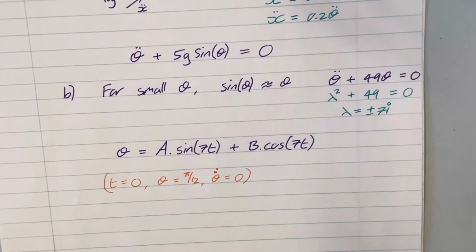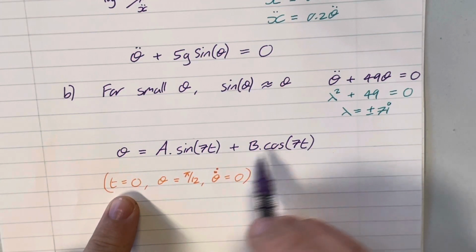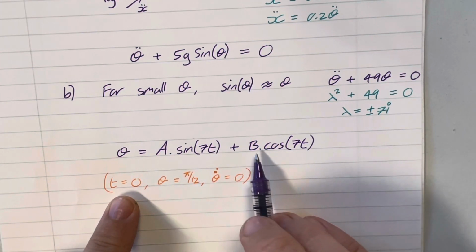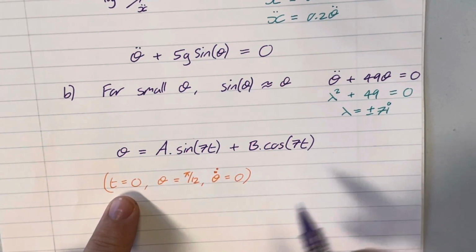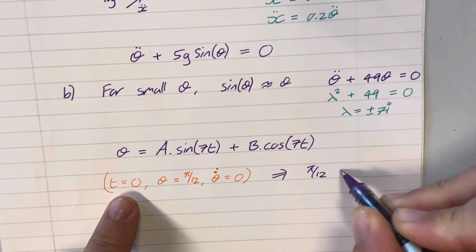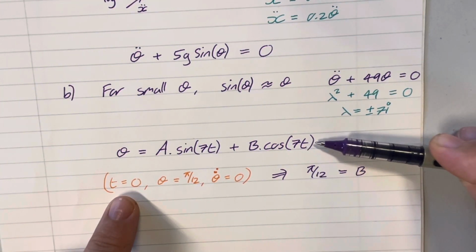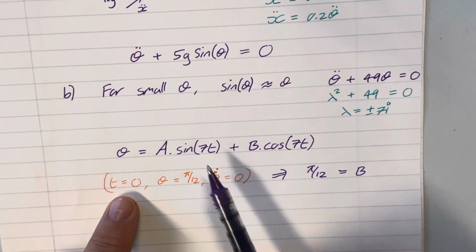Okay. So t equals 0, theta equals pi on 12. If I plug in t equals 0 here, that will disappear anyway because of the sine function. And I end up with b equals pi on 12. And then if I differentiate this with respect to t, I'll get theta dot. And then that's going to change to a cosine, that's going to change to a sine.